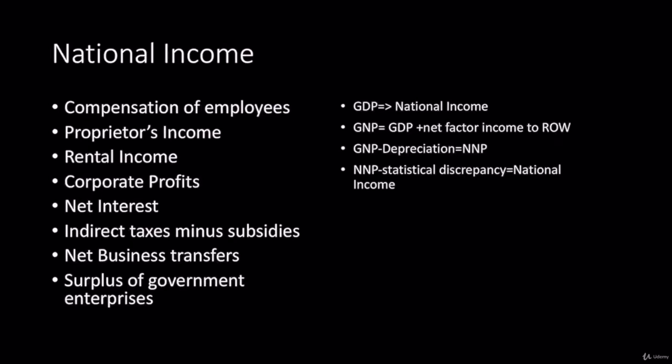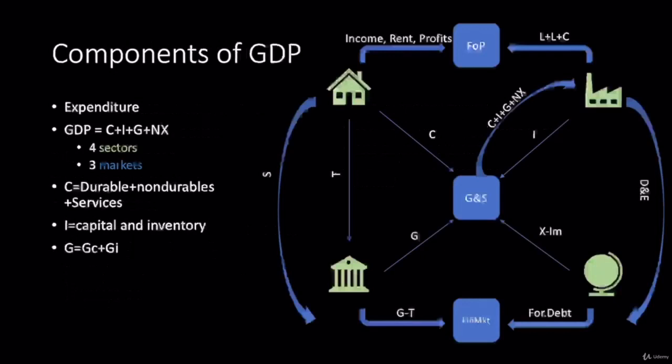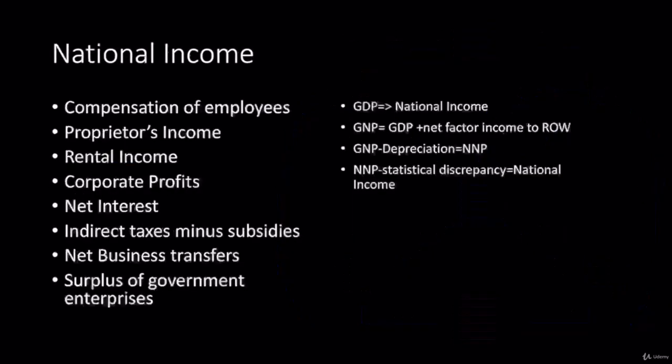So GDP I got from C plus I plus G plus NX from the slide before, plus net factor income from the rest of the world. So remember here I said this little globe, well, I'm exporting to it and I'm importing from it. Therefore, there are some things that I need to send back to them which do not belong to me, and they need to send me things that do not belong to them. And that's why I'm going to use net factor income to the rest of the world in addition to GDP.